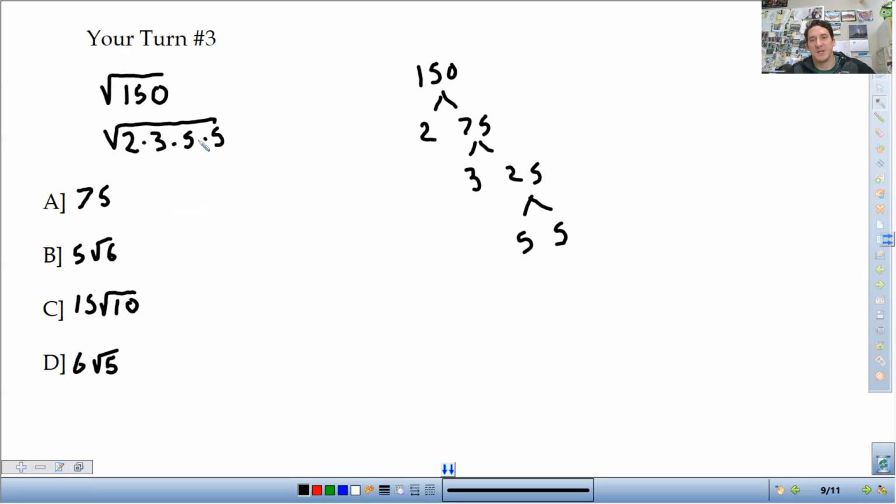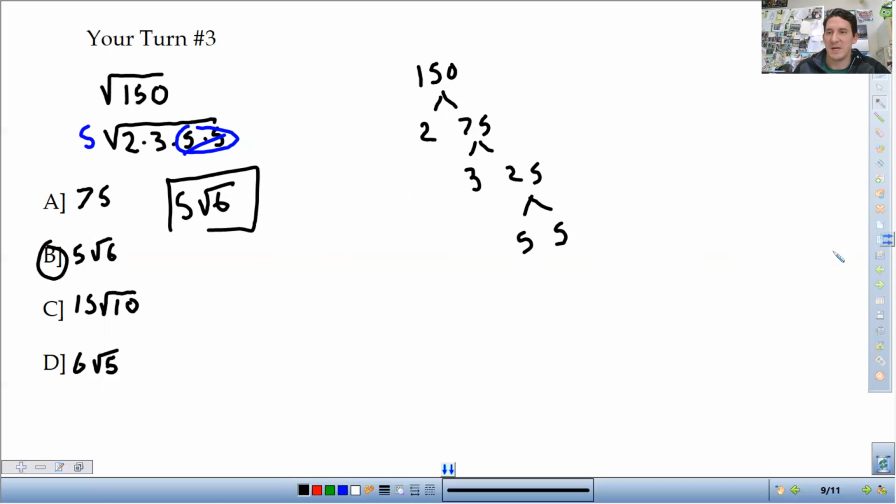One thing I have not mentioned is when you're writing these numbers in, put them in order, smallest to biggest. If you put them in order, it's going to make it easier to find the pairs. So that's just a good idea. So it's a pair of 5s, one on the outside, and then multiply what's left. So it's 5 root 2 times 3, which is 6. So the correct answer is B on that one.